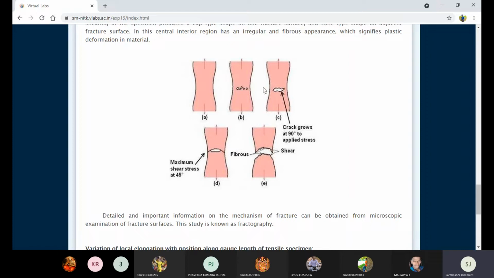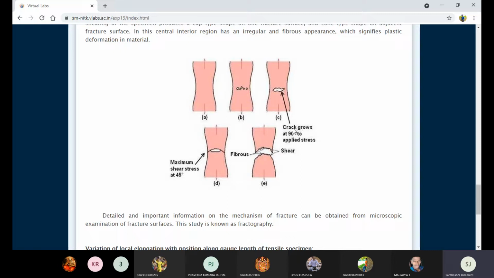Again our load increases at the second stage, continuing up to around 80 Newton force. Because the cross-section area keeps reducing, all these micro cracks combine together to form this type of crack. This is the big crack.